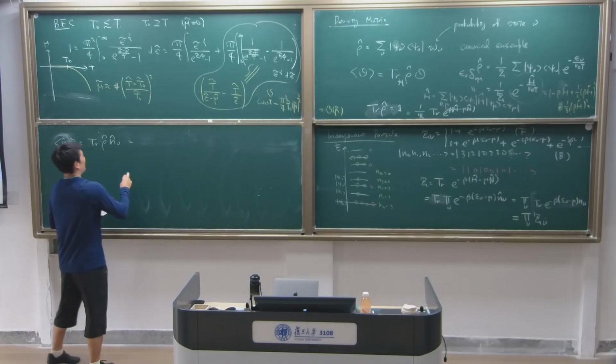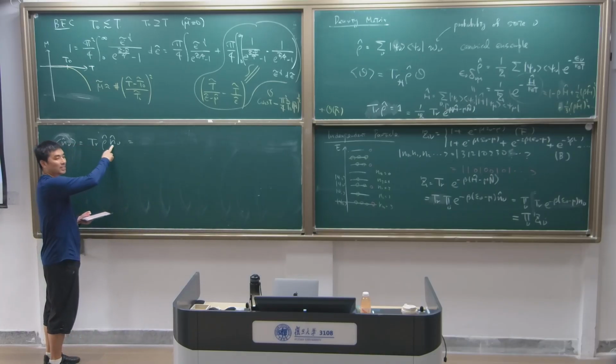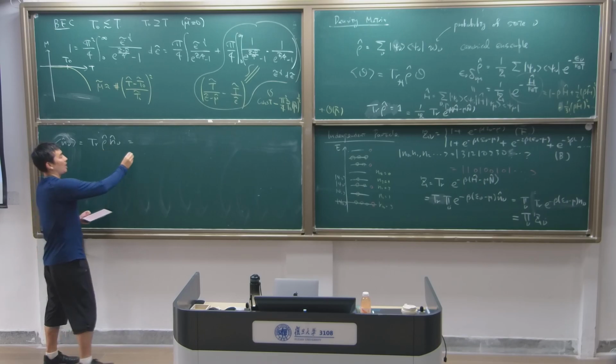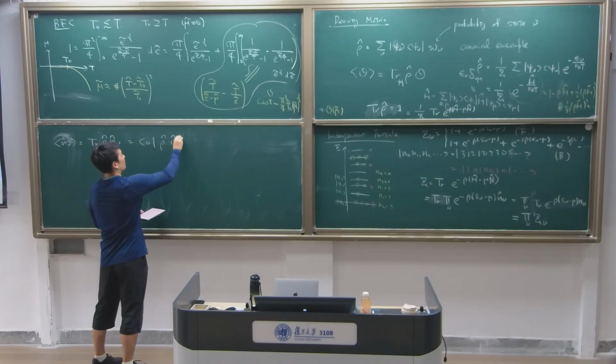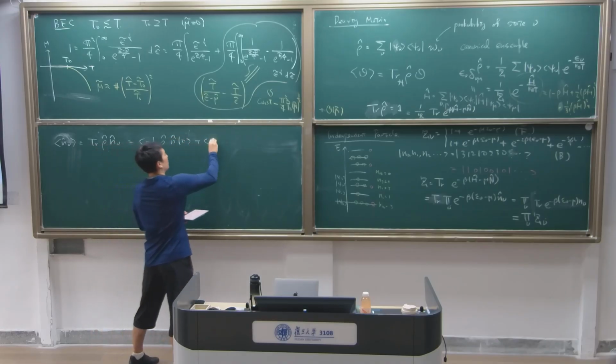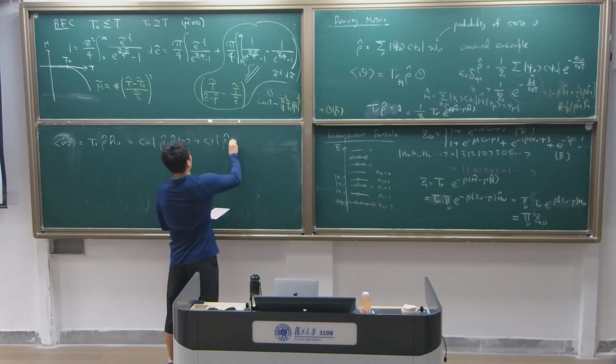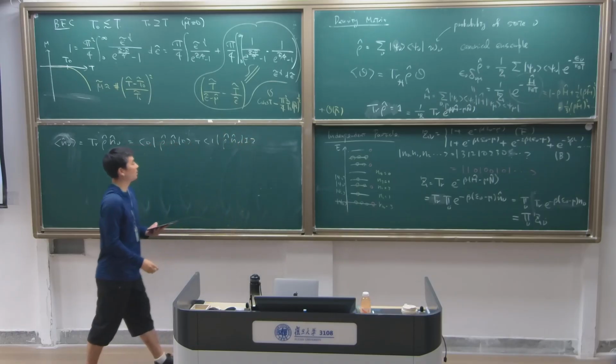And essentially, you have n hat is 0 or 1, right? So this means 0 rho hat n hat 0, or 1, rho hat n hat 1. That's the particle output. Okay.